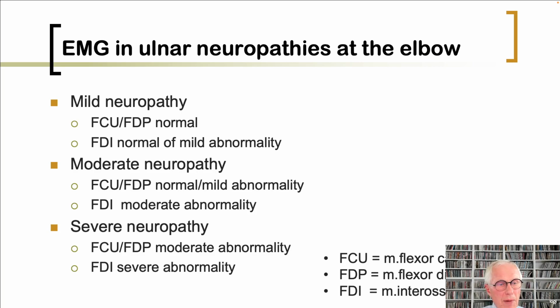In a mild neuropathy, EMG may be quite normal, or we see slight abnormalities in the hand muscles, but flexor muscles in the forearm are normal. In a moderate neuropathy, we see mild abnormalities in the forearm, moderate abnormalities in the hand muscles. And if we have a severe neuropathy, we see a moderate abnormality in the forearm and severe abnormalities in the hand muscles.